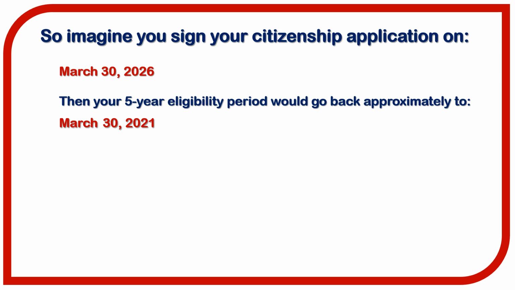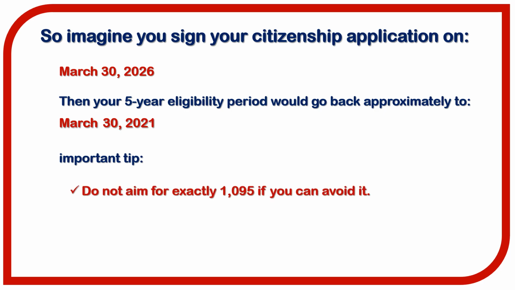And that is actually wise because IRCC also encourages applicants to apply with more than the minimum 1095 days in case there are mistakes in the calculation or issues with absences. So, here is an important tip: do not aim for exactly 1095 if you can avoid it.